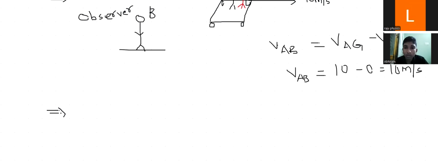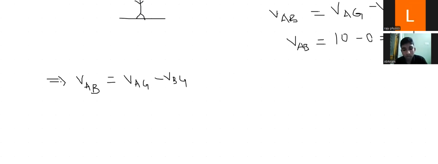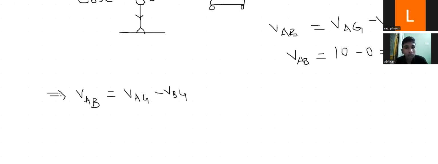The formula is the relative velocity of A with respect to B, that is, velocity of A minus velocity of B. So what is the velocity of A? 10. How will you get 0?